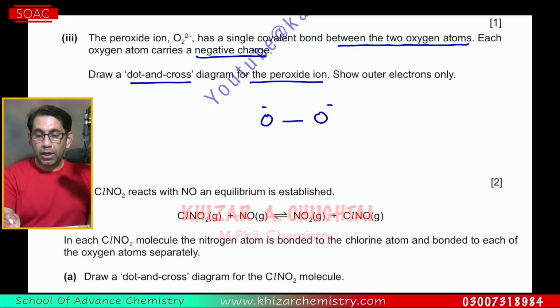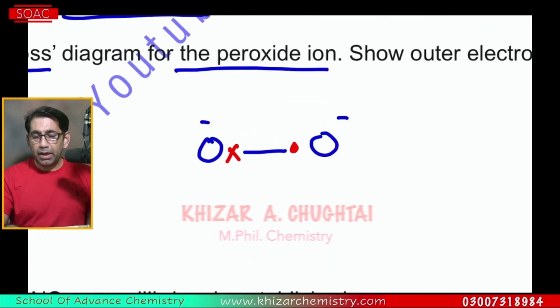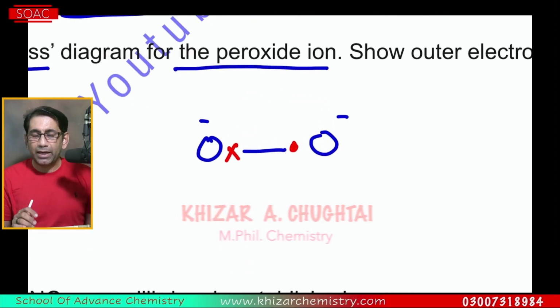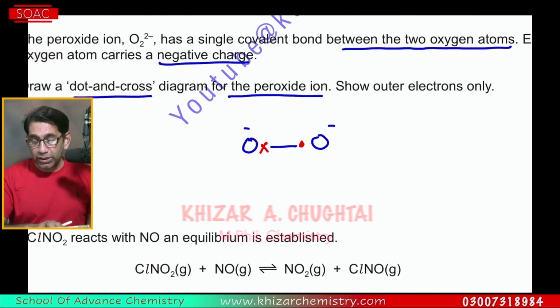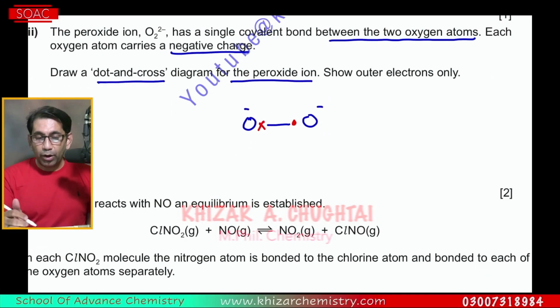So let's suppose I'm writing dots for the right hand side oxygen and crosses for the left hand side oxygen. Now what does this negative charge mean? It means that there is 1 more electron on each oxygen atom. You know that every oxygen atom has 6 electrons: 1, 2, 3, 4, 5, and 6.